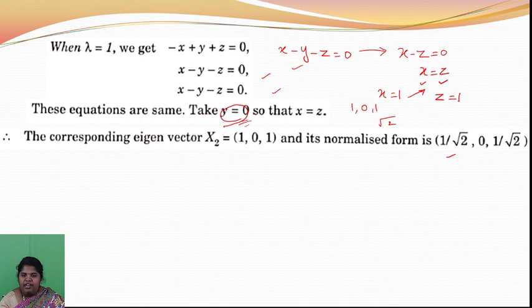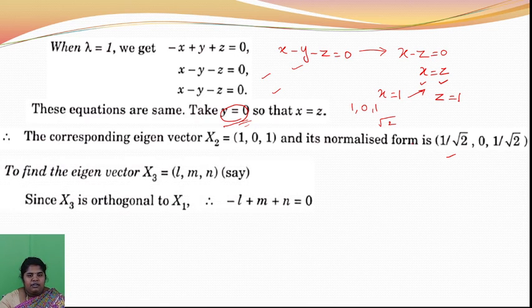The third eigenvalue is also same, but we should not take the same eigenvectors. The eigenvalues may be repeated, but eigenvectors should not be repeated. So to find the eigenvector corresponding to lambda 3, that is lambda equal to 1, we are going to find the eigenvector x3. Consider x3 as (l, m, n).